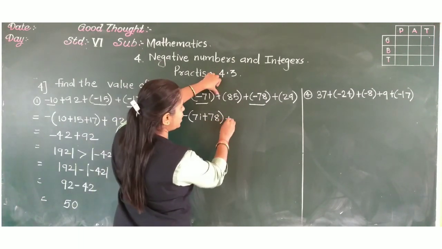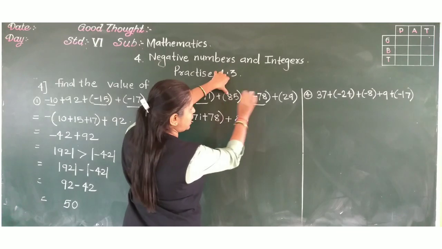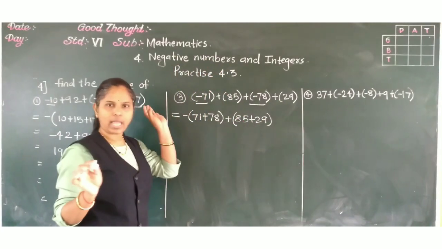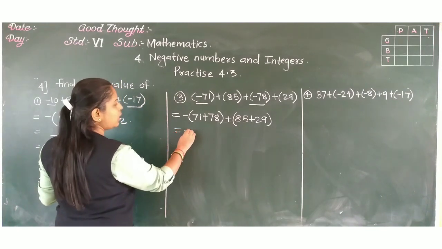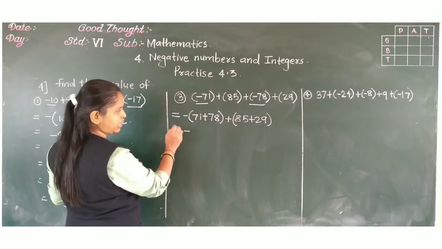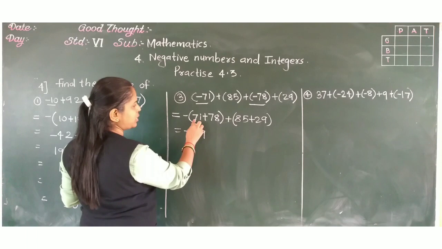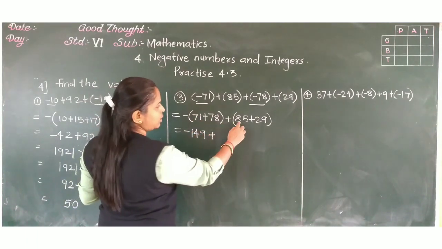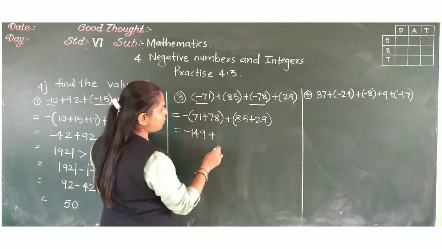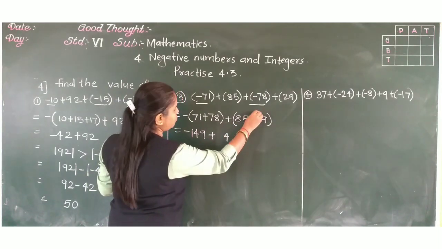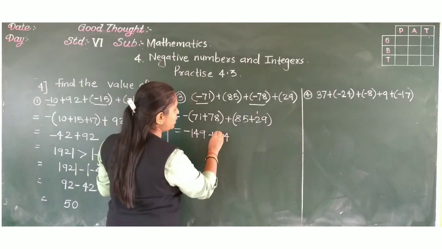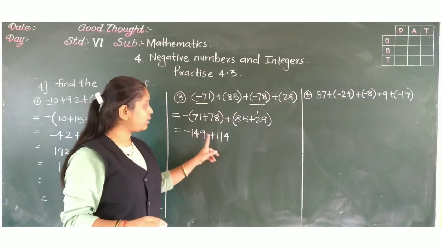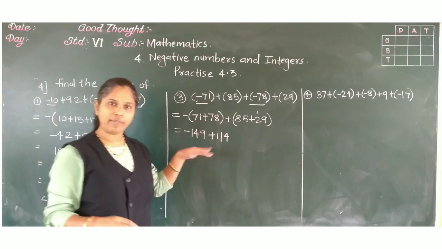Then this plus 85 has a plus sign only, and plus 20 has the same sign, that together. Minus sign outside, I will write 8 plus 19... Do addition: 7 plus 7 is 14, and this 9 plus 5 is 14, carry 1, 8 plus 2 is 10 plus 1 is 11. Now minus 149 plus 140.